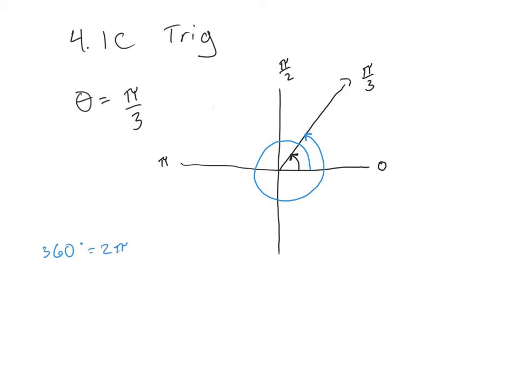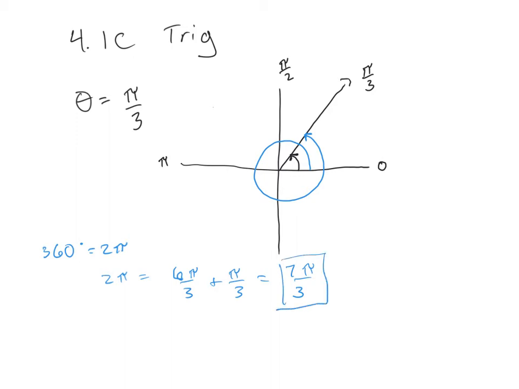So to get my first coterminal in the positive direction, I'm just going to add 2 pi to pi over 3. I'm going to convert 2 pi by multiplying it by 3, so 6 pi over 3 plus pi over 3. That gives me 7 pi over 3 for one of my coterminals.